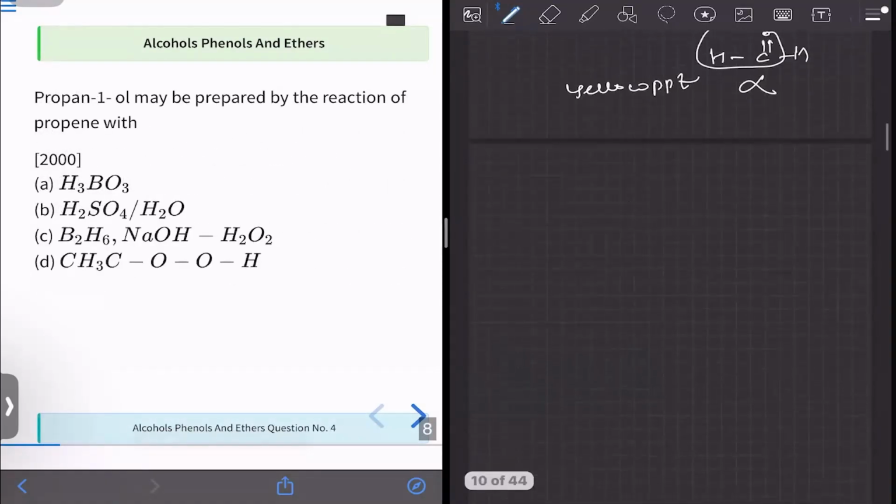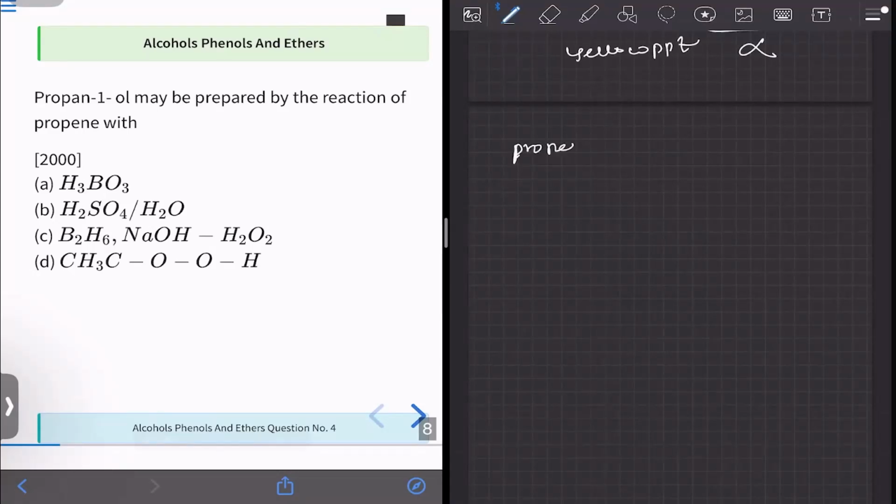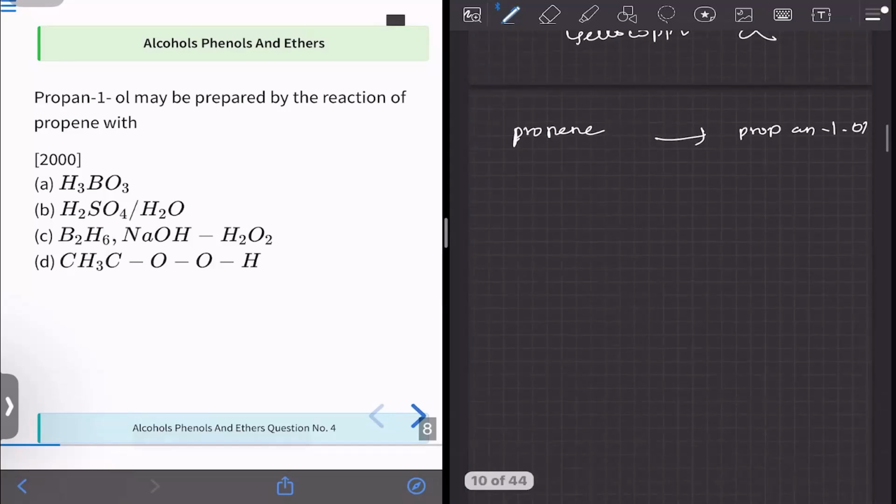Next question. Propan-1-ol may be prepared by the reaction of propene with C. From propene, they need propanol. How can propene be written? CH3CH=CH2.